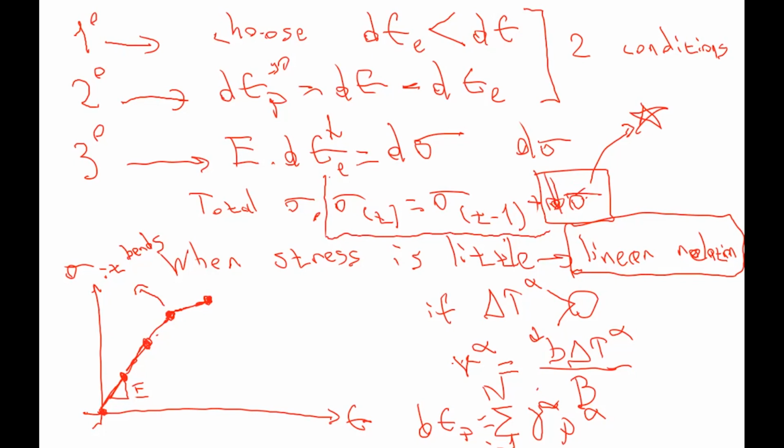Then we are decreasing the incremental stress. So this is the stress at T minus 1, and the sigma at T is less than the sigma at T minus 1, since we have less elastic strain.